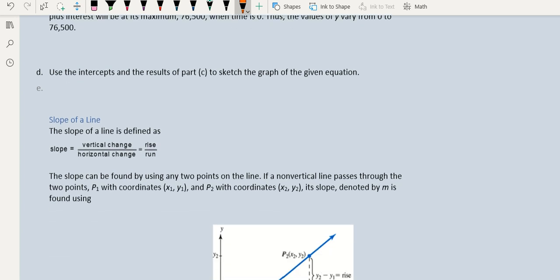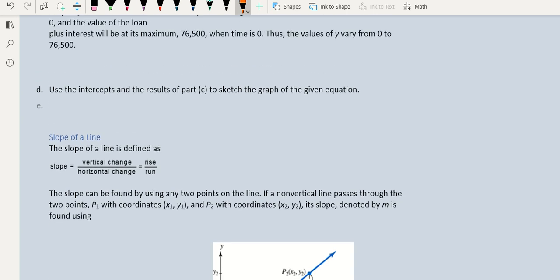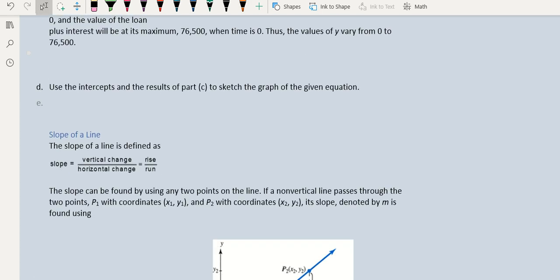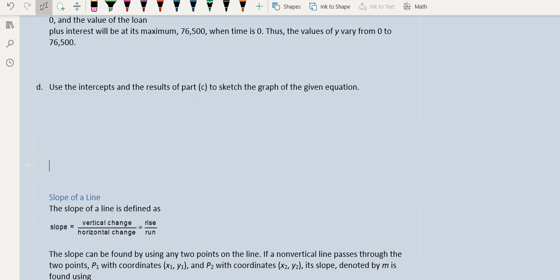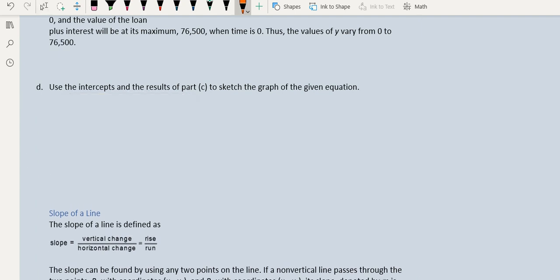So if I create myself a nice little quick chart, it would be something like this.